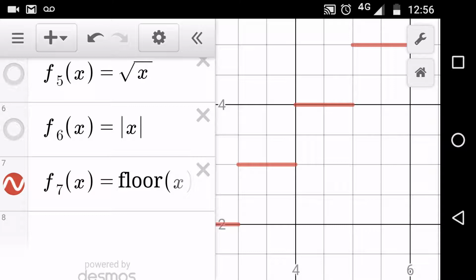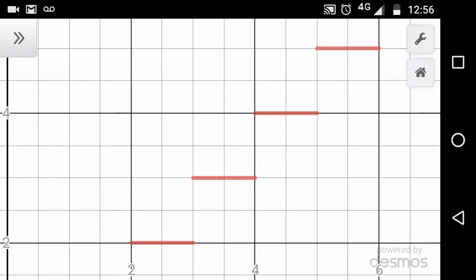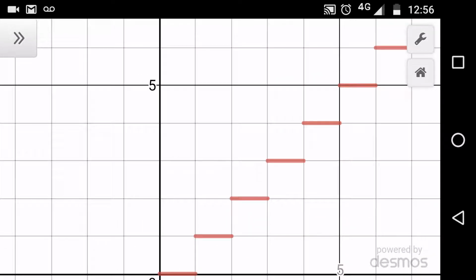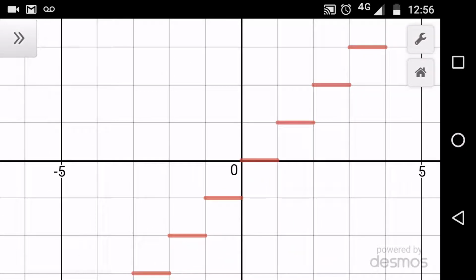Okay, if you look at it from a farther away perspective, it does look like a stair where all the values are integers. So that's a floor function. Takes the smaller integer that is the greatest you can have.